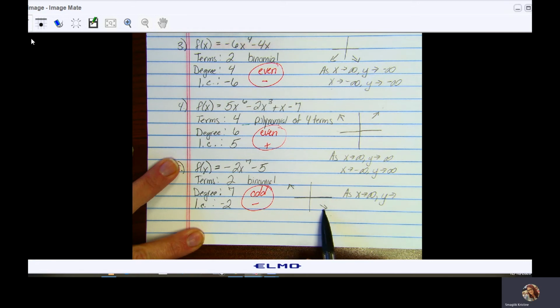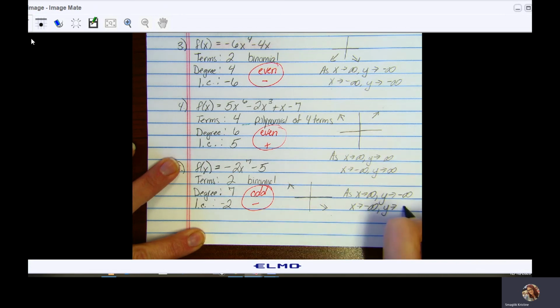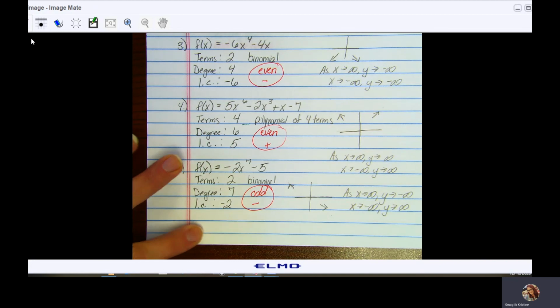Well, my y values keep going down and down and down. So that goes to negative infinity. As x approaches negative infinity, where are my y values going? As x is getting smaller and smaller and smaller, my y values keep getting bigger and bigger and bigger. I'm going up. So then y is approaching positive infinity.